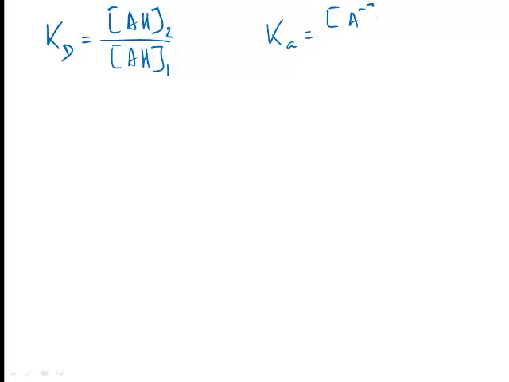We have Kd, which is equal to AH2 over AH1. We have Ka, which is equal to A minus times H plus over AH, and that is always in phase 1.